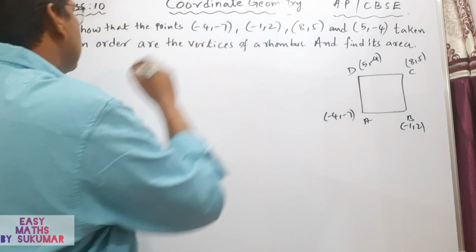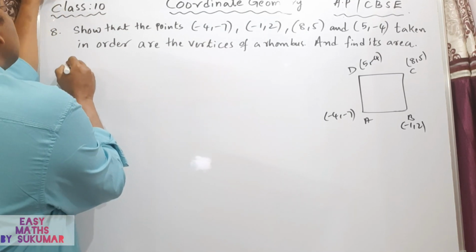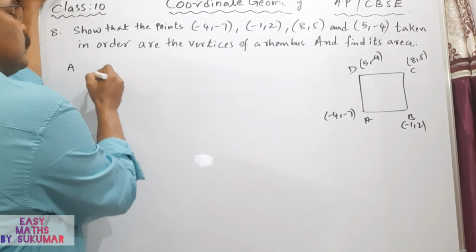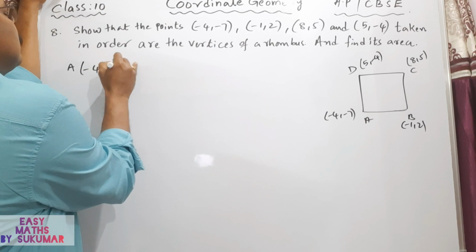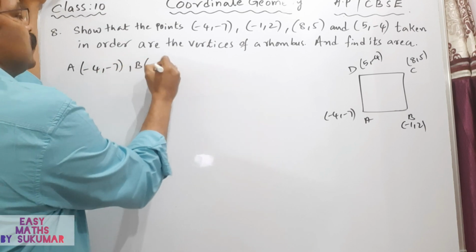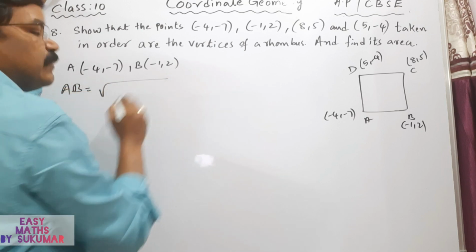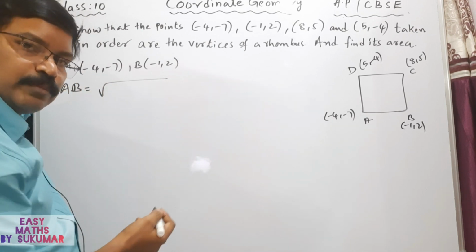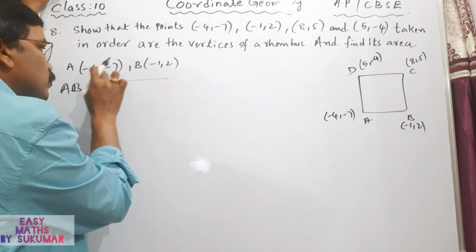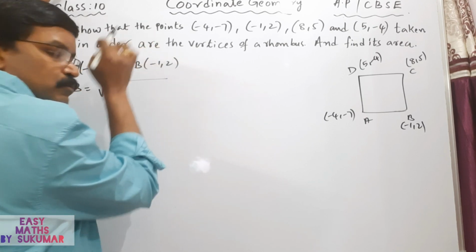Anyway, we have to find the lengths of the diagonals AC and BD. Okay. See, my dear students, here first we will find AB. What is A? -4 comma -7, and B is -1 comma 2. So AB is equal to root of x2 minus x1 whole square plus y2 minus y1 whole square. This is x1 y1 x2 y2.